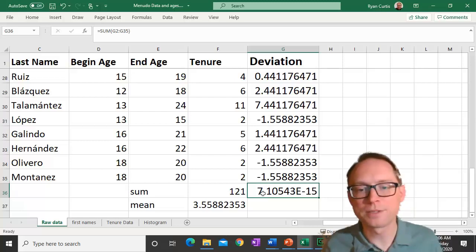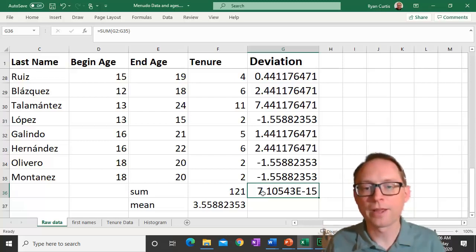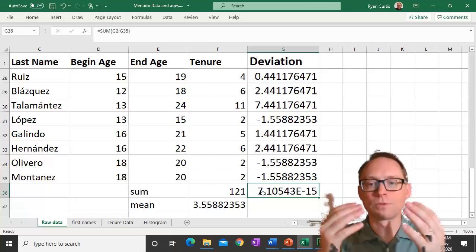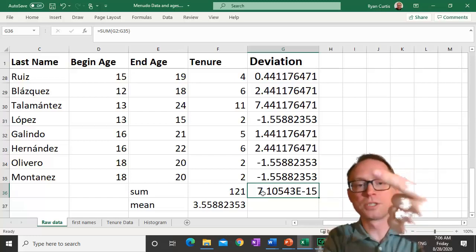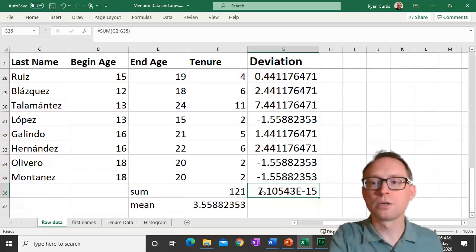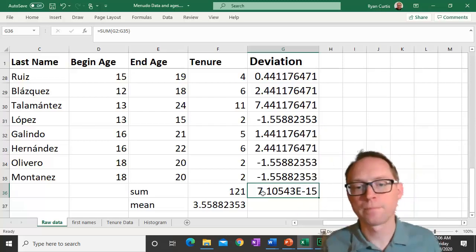So that means that this number that you're looking at right here is, we'll count it out here, ready? 0.0000000000000007. That's what we're looking at.